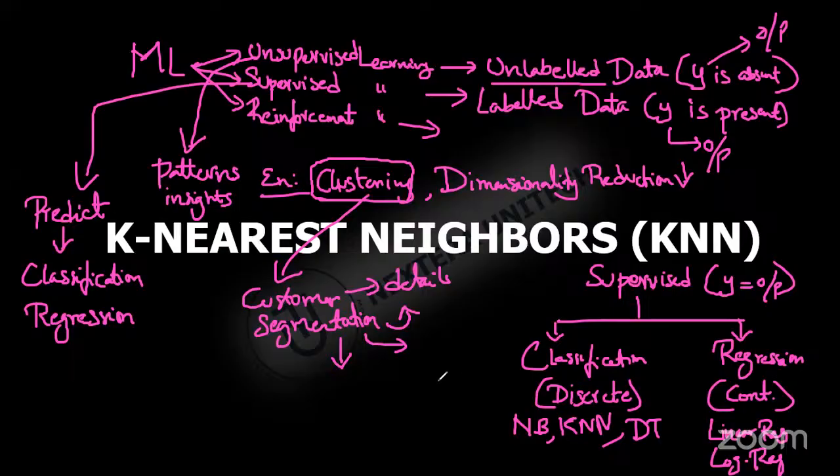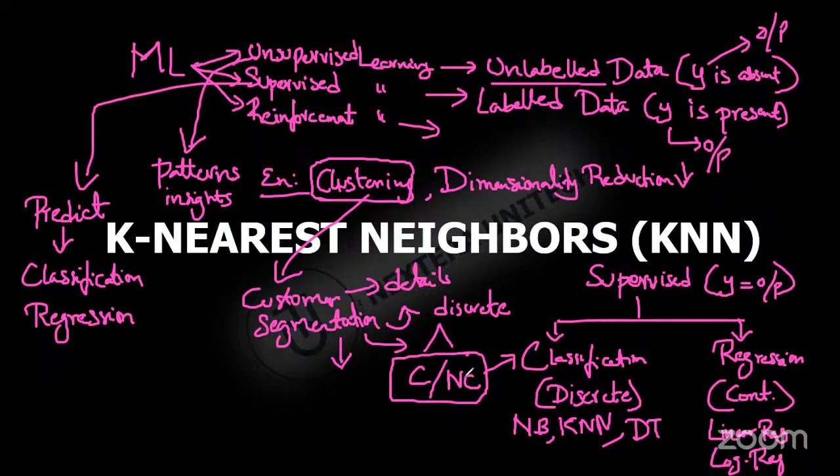If I have a use case to predict whether a person has cancer or no cancer, a patient walking into the hospital, I am supposed to predict whether the patient has cancer or not. So what values do you see here? They are discrete, fixed values. So it is a classification problem.